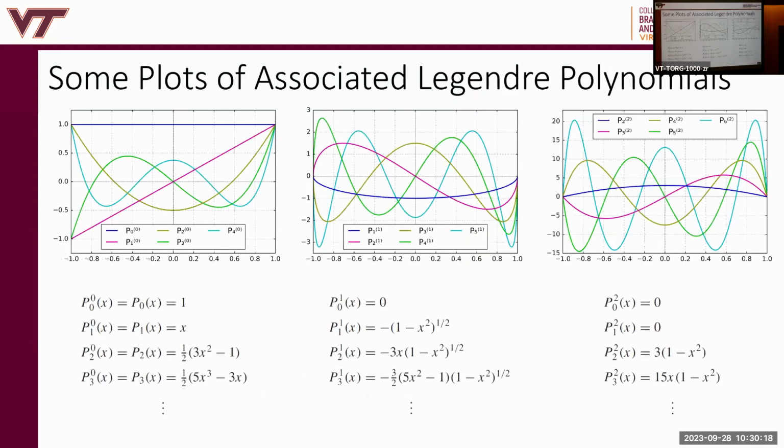What do they look like? Here are some plots showing associated Legendre polynomials. Still the domain is -1 to 1, or pi to 0, right? Theta. And if you plot these, the first one, P0,0, the blue line is a constant, it's equal to 1, right?